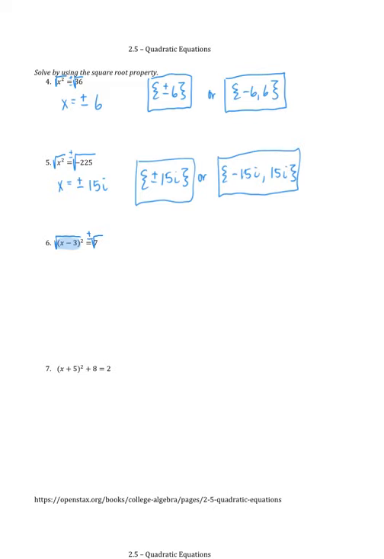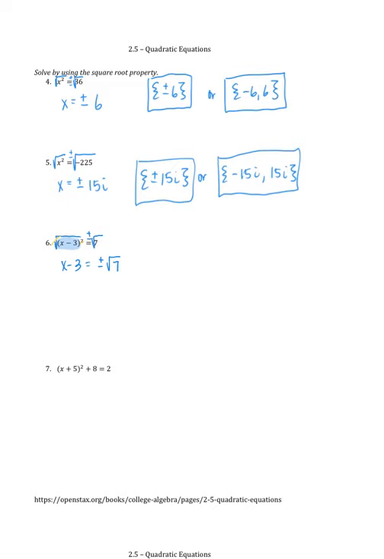What happens here is the square root and the square are opposites. They undo each other. So you'll have x minus 3 left on the left-hand side, and plus or minus the square root of 7. Now 7 is not a perfect square, and you cannot reduce it because it's prime. So that's all you can do with the right-hand side.